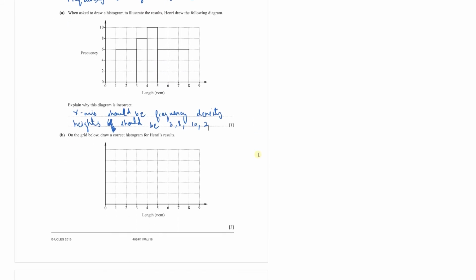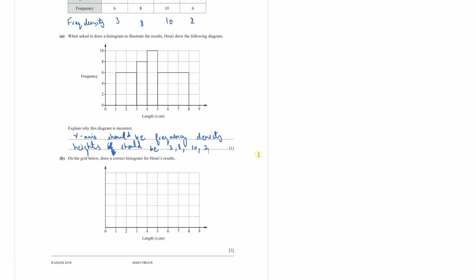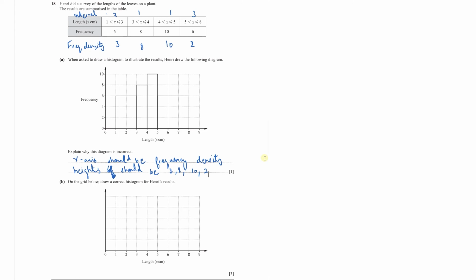Part B: on the grid below, draw the correct histogram for Henry's result. We already computed the frequency densities. We first label this axis as frequency density. From 1 to 3, your length is 3 here.